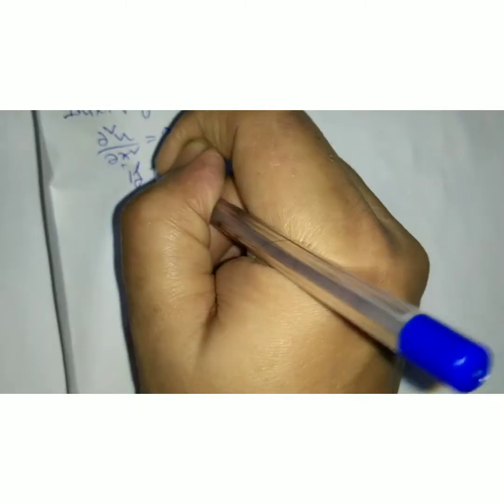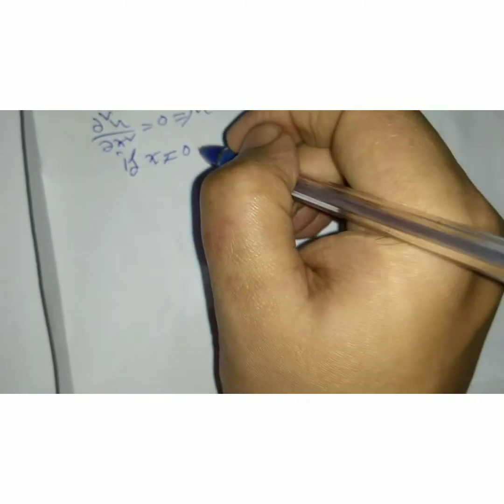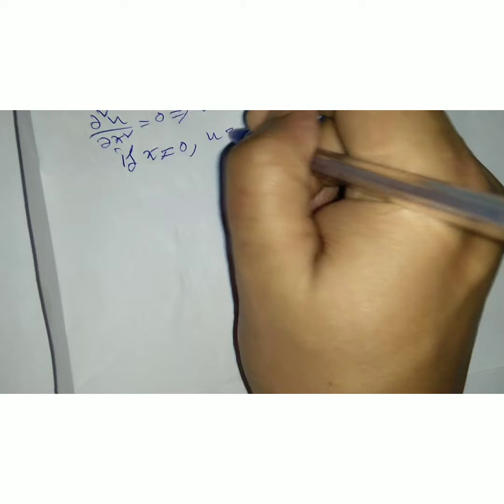If x is equal to 0 and u is equal to 0, then we get b is equal to 0. This is number 1. And u is equal to 100 when x is equal to L, which is 100, then we get a is equal to 1.